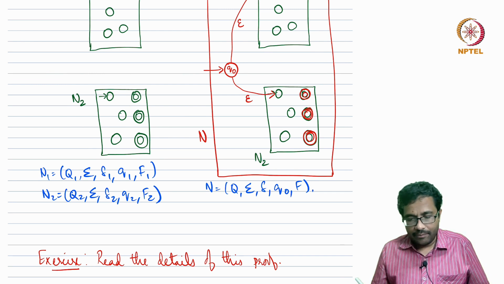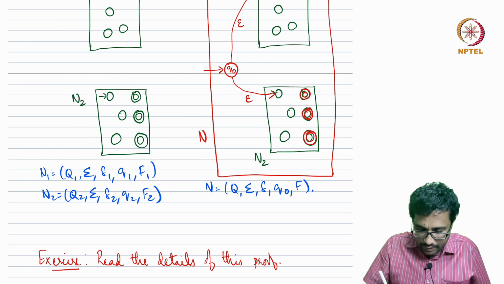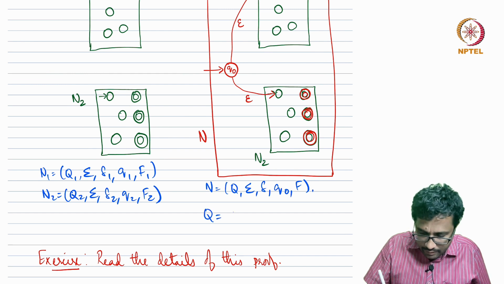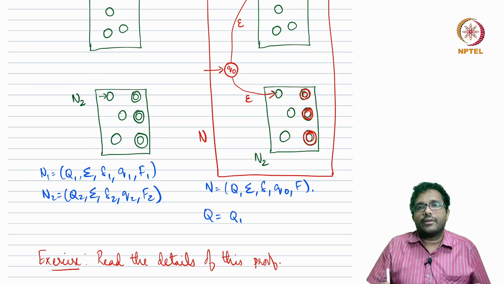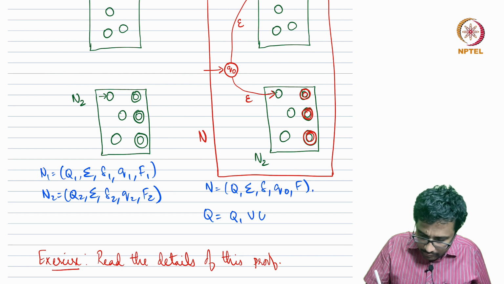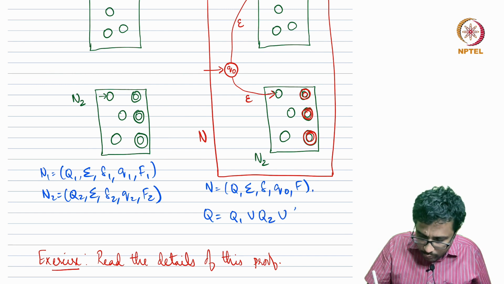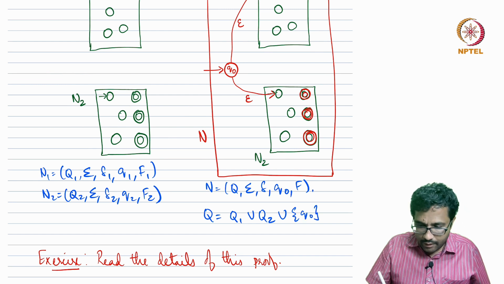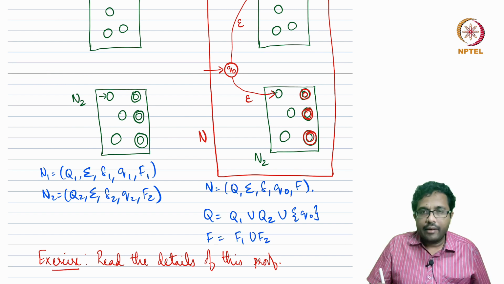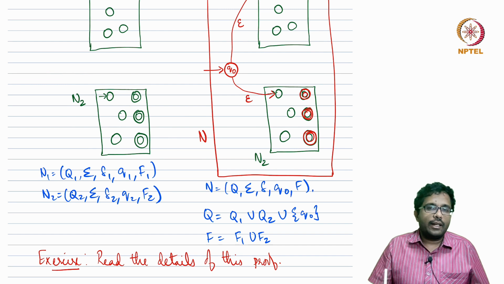Sigma is the same for everything, but Q, for instance, is Q1, the states of N1, together with the states of N2, Q2, together with the new state, which is Q0. And F is the union of the accept states of N1 and N2, so F is F1 union F2.